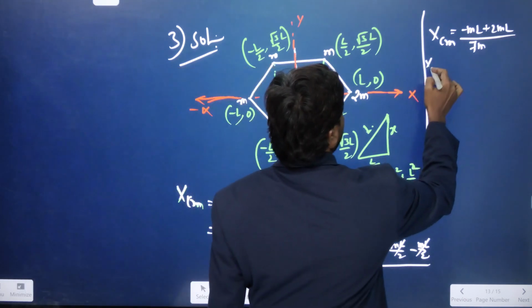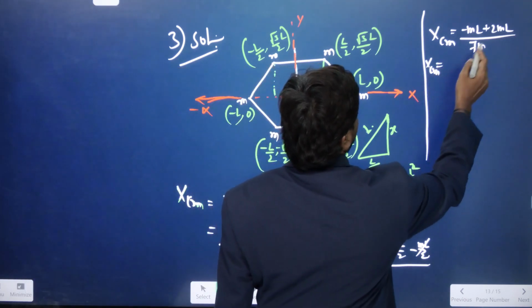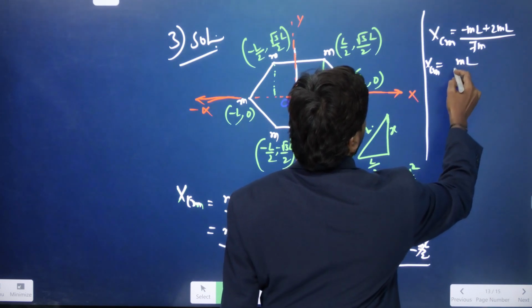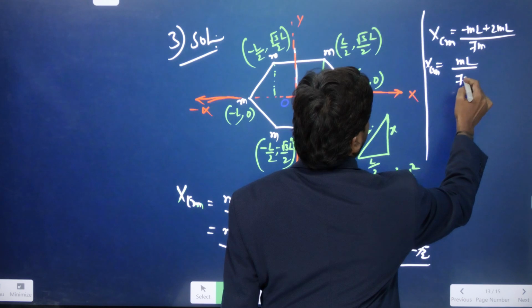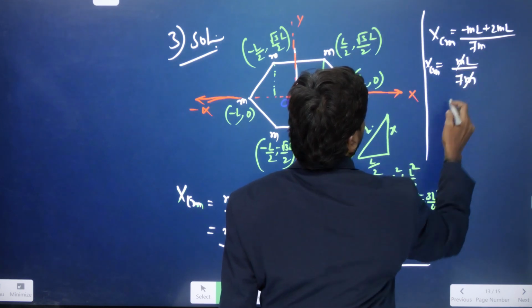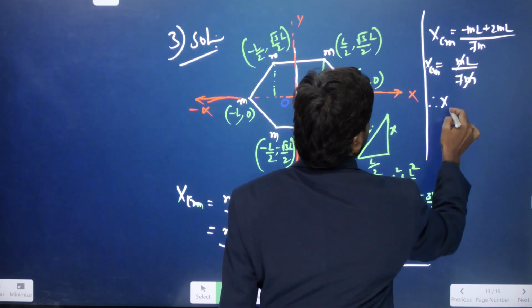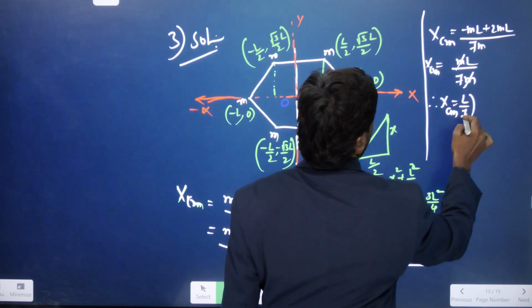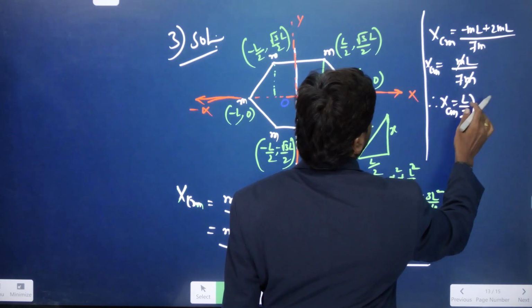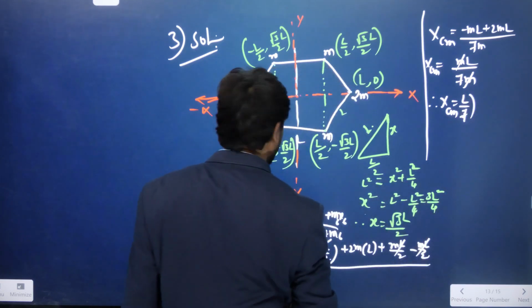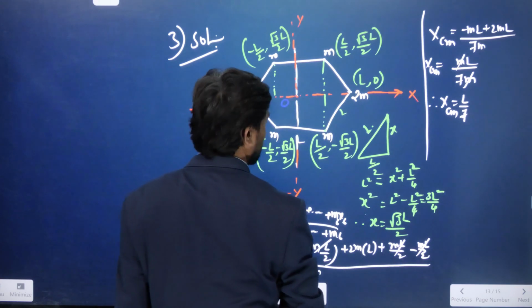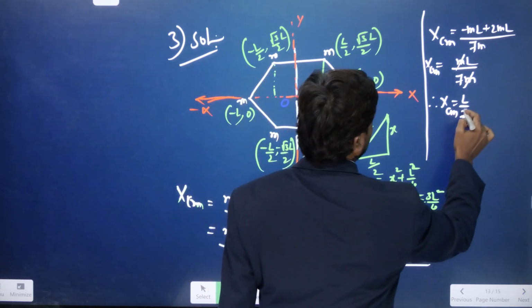So now xcm is equal to ml, 2ml minus ml, so we will get ml by 7m. So this m and m will be cancelled there, therefore xcm is equal to L by 7. So that is the shift in the center of mass, L by 7.